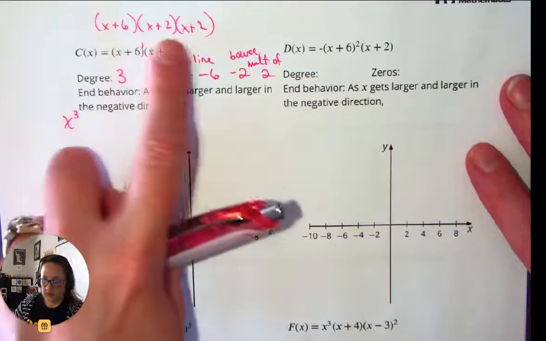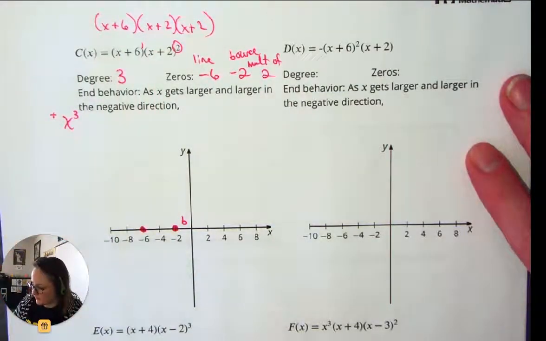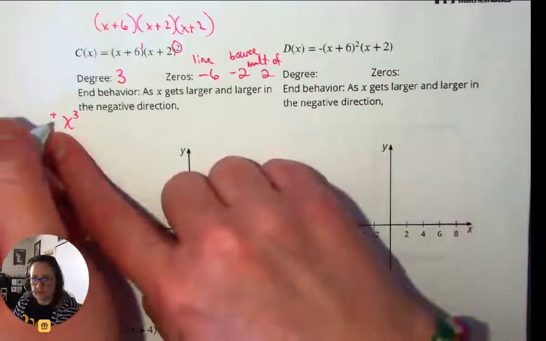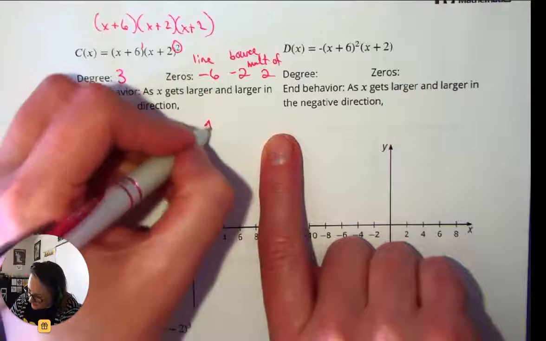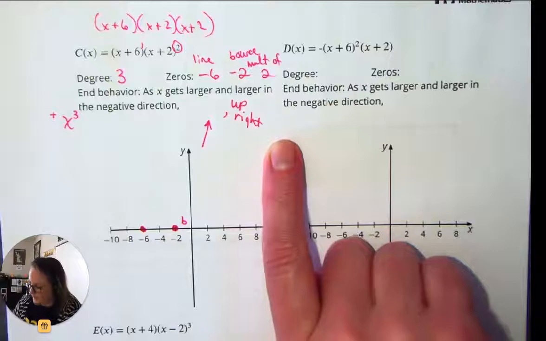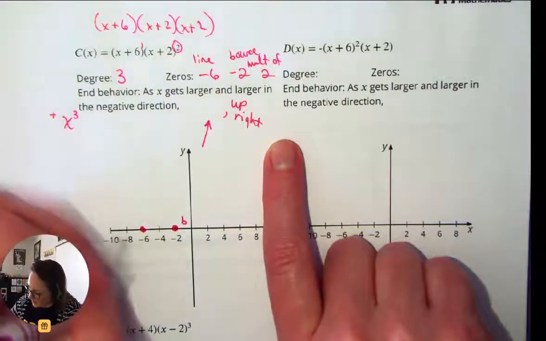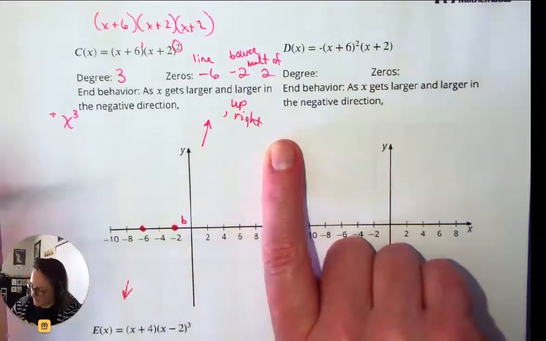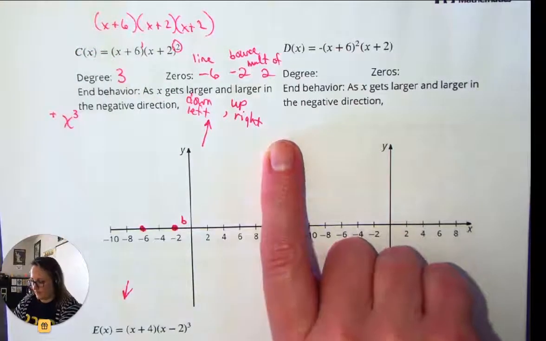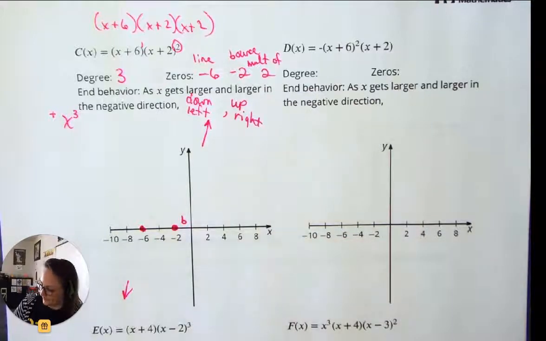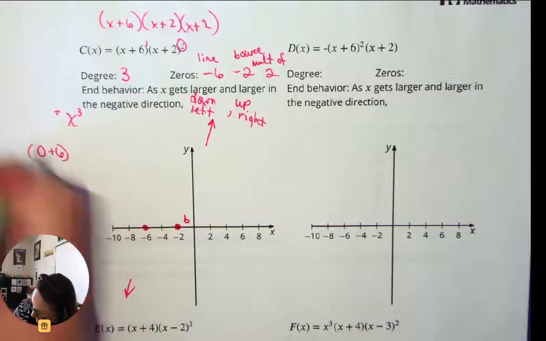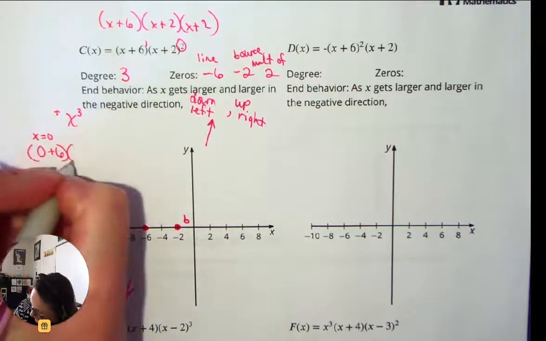X times X times X is going to be a positive leading coefficient to the third. My end behavior, it's going positive on the right side. It's going to be going up on the right. Odd degree, opposite end behavior, down on the left. Plug in 0 for X to find my y-intercept.